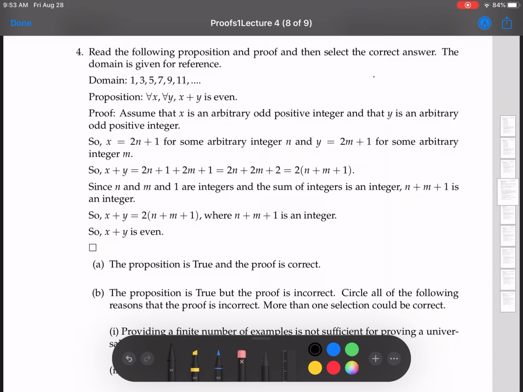Now, this little piece right here, the sum of integers is an integer, is something that a math major would prove. If you're a math major, you'll prove this in some other class, probably a class on set theory.